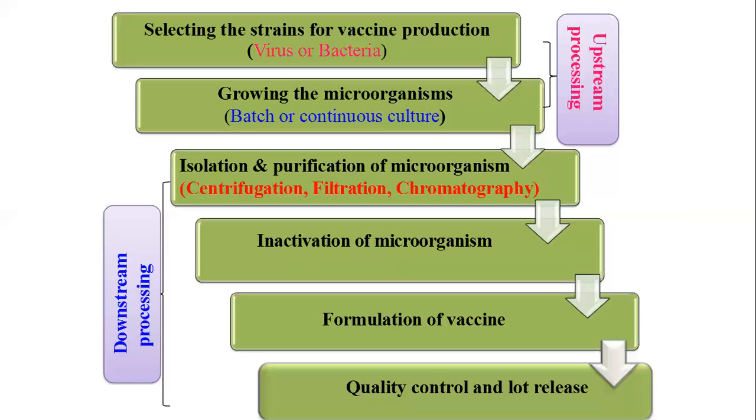So we have to culture the animal cell, which is the host of that particular virus, and then we have to infect or inoculate the virus into the host cell culture so that the virus can grow within the cultured cell. This portion is known as upstream processing.